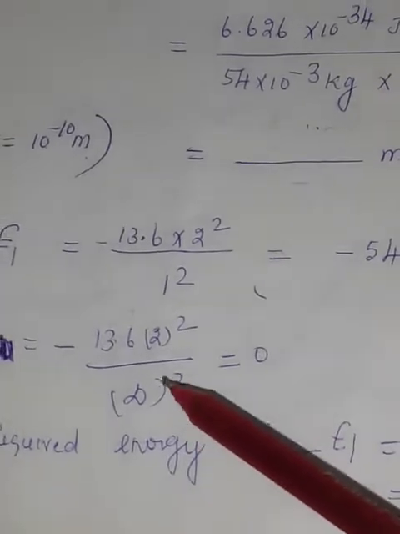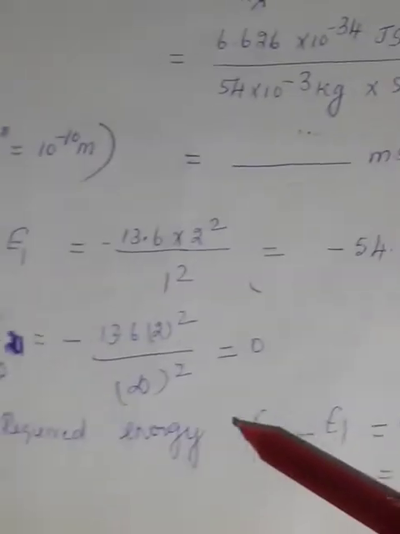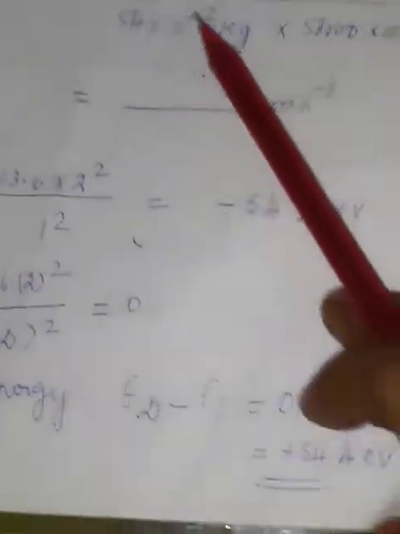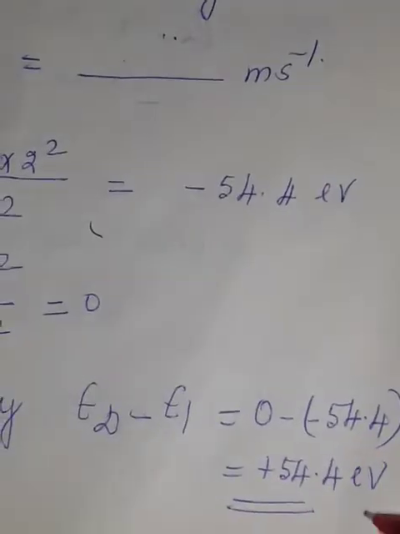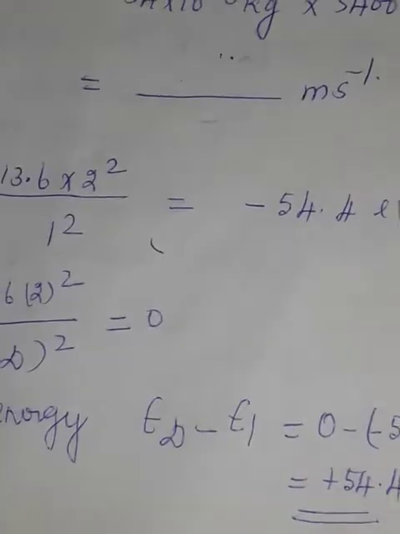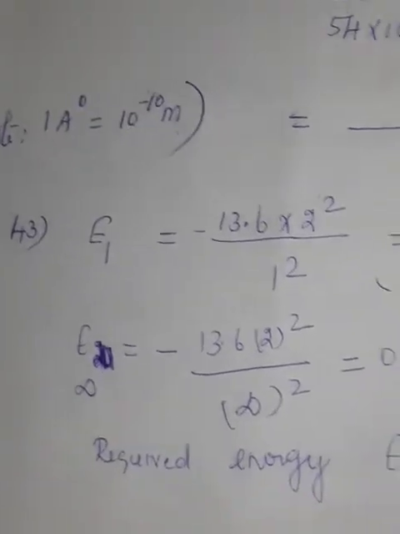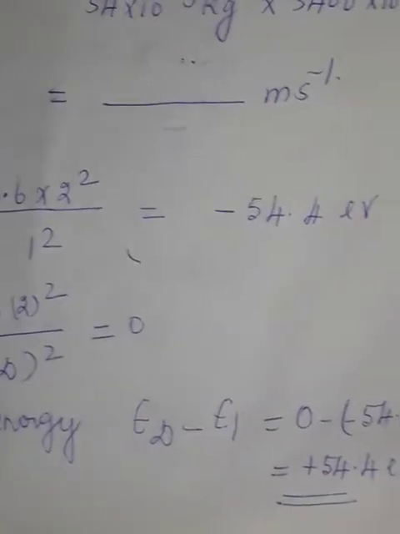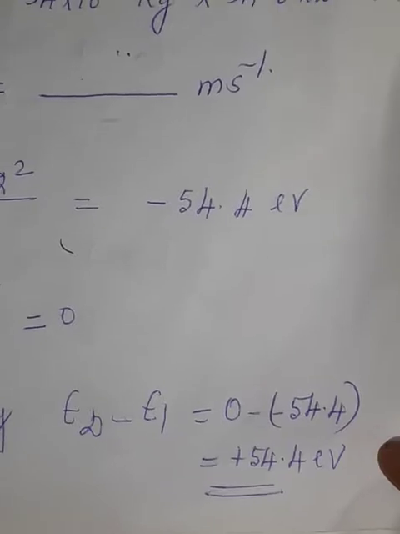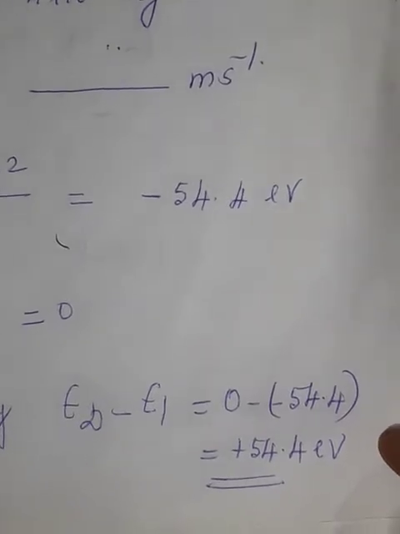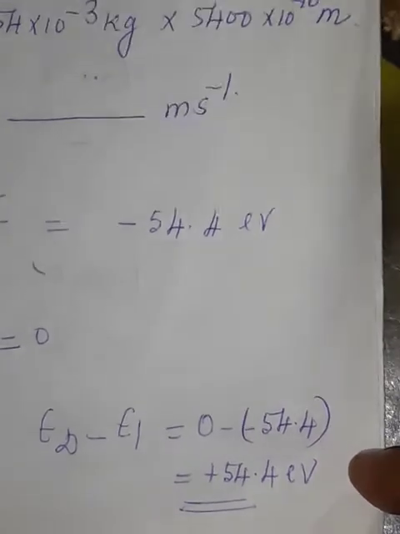For E infinity, the required energy is E infinity minus E1, equal to 0 minus that value. So you are getting plus 54.4 electron volt.